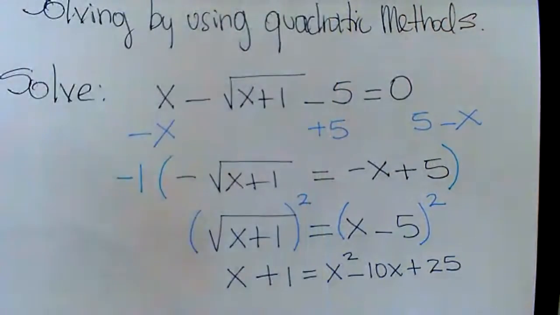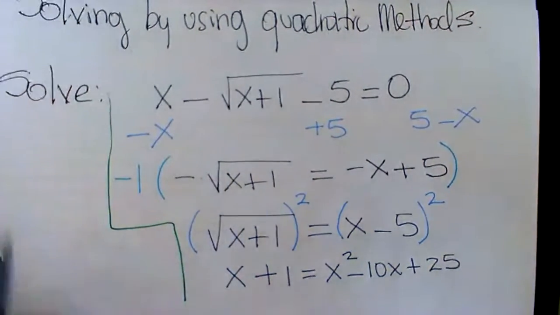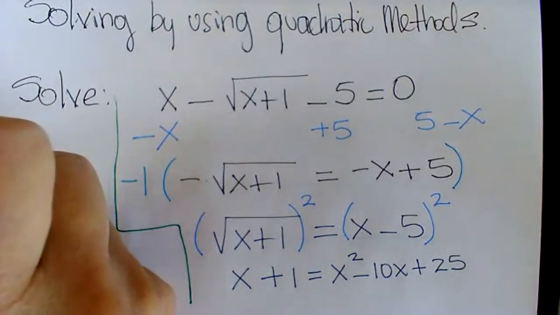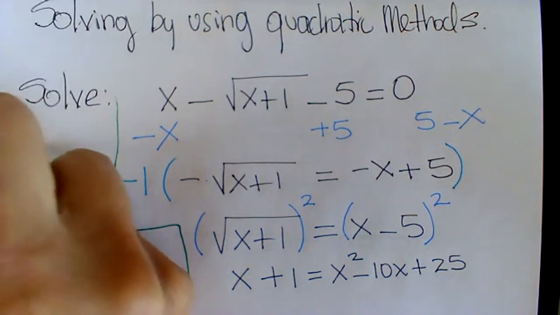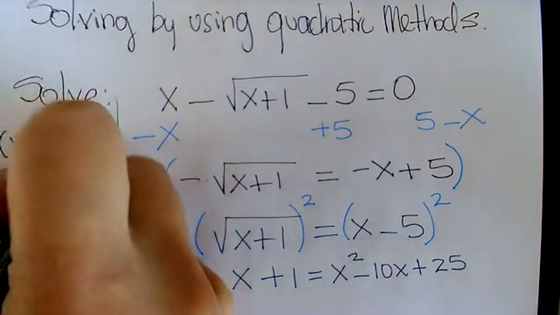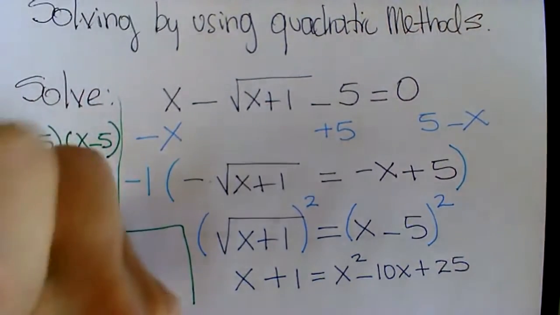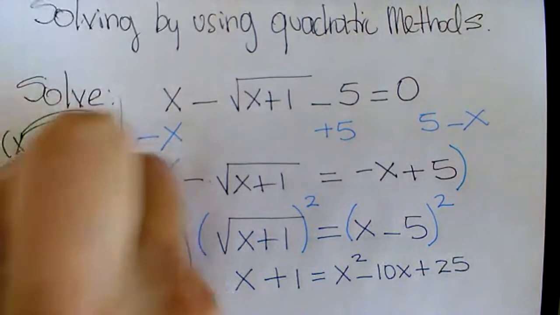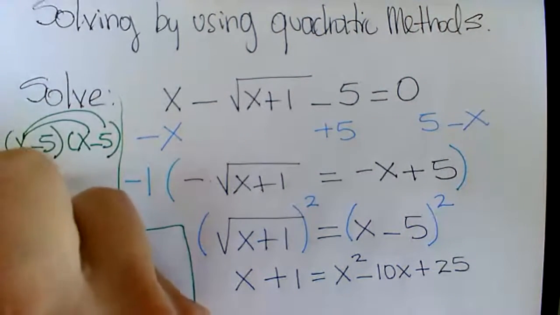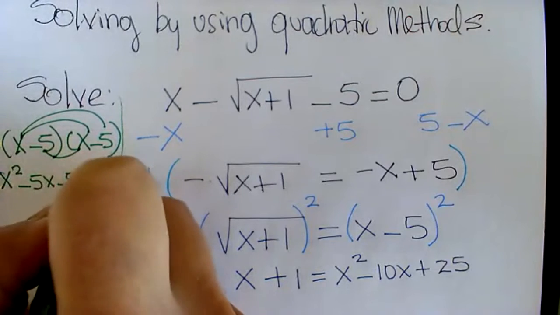Let me just do it here. I just want to do it here the way you guys have it. So what do I? Yeah, that's fine. You were close. X minus 5 times x minus 5, right? So let's do it. X squared negative 5x negative 5x plus 25.